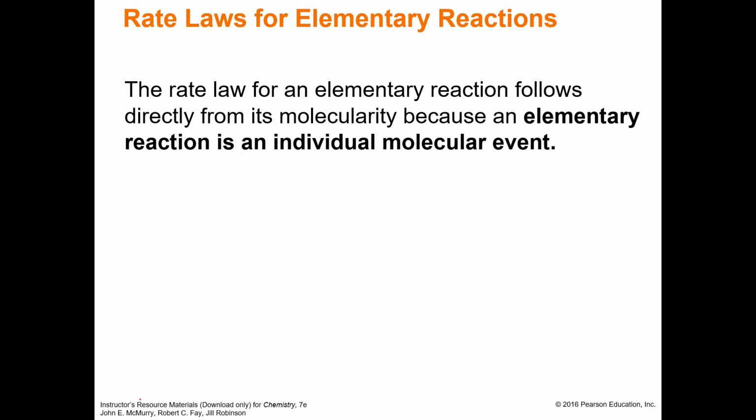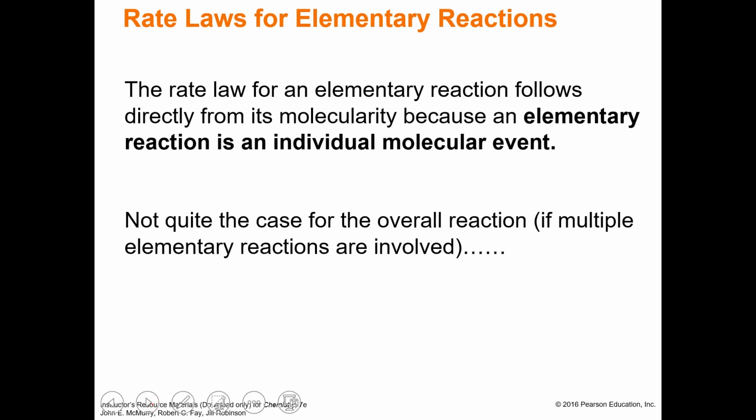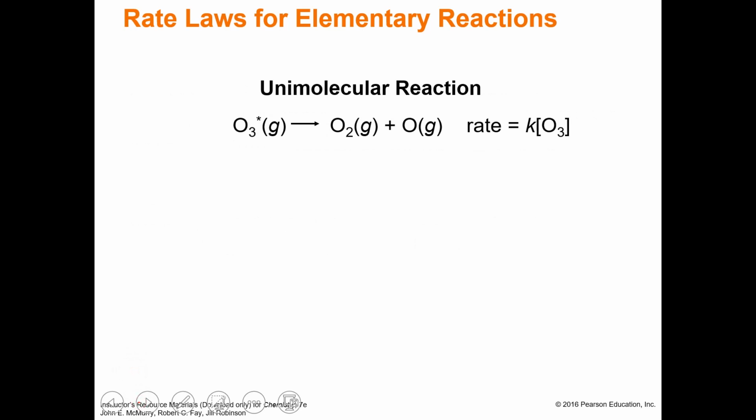The rate law for an elementary reaction actually comes directly from its molecularity because it's an individual event. If we're dealing with an overall reaction, we have to look at experimental values. We can't determine it from the reaction. However, for an elementary reaction, we can take this directly from the stoichiometry of the reaction.